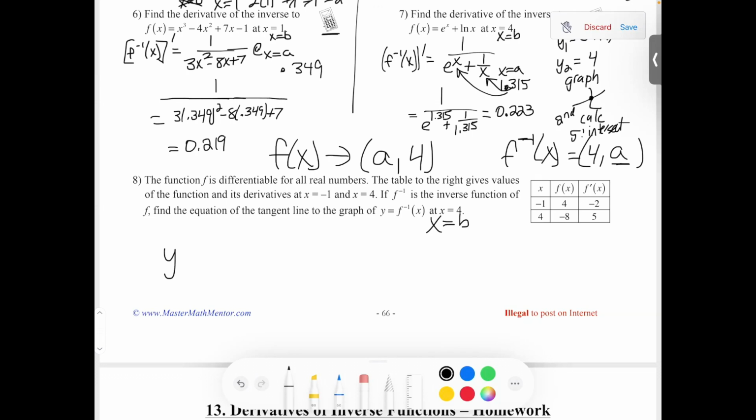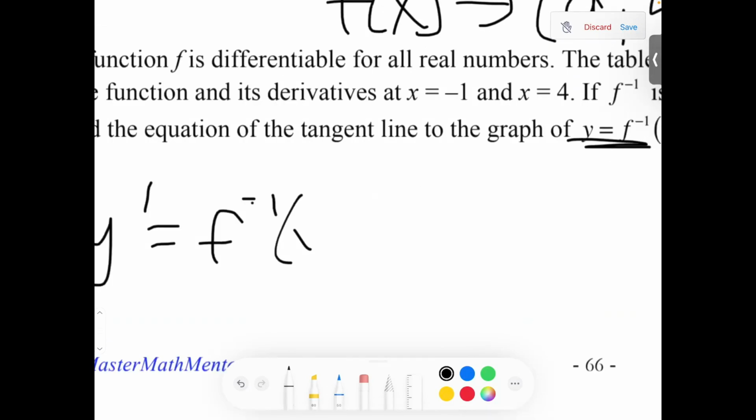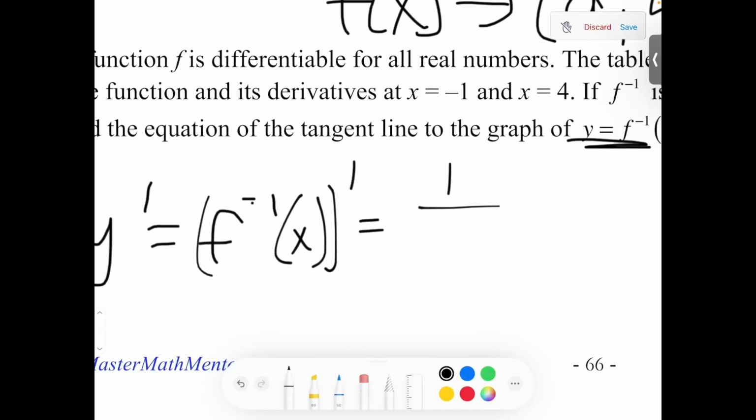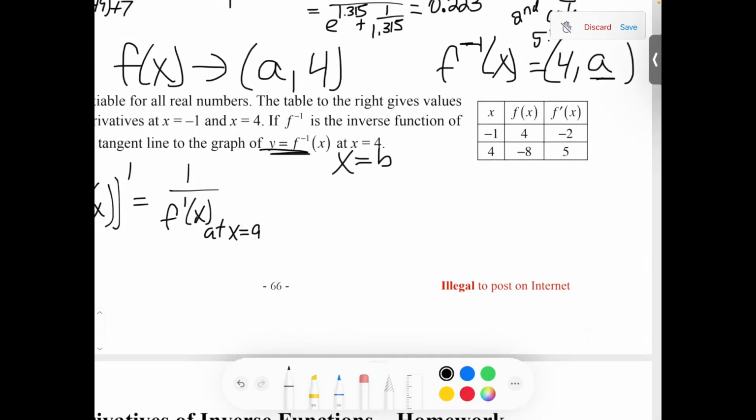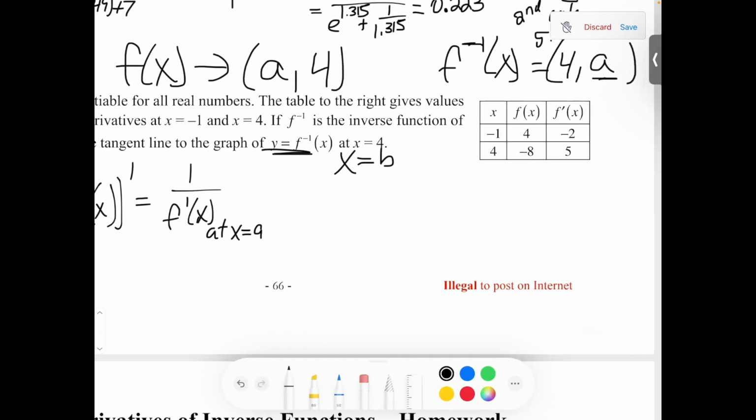So if y is the inverse, then y prime would be equal to f inverse of x prime, which would equal 1 over f prime of x at x equals a. But we don't know what x equals a is. We don't know what x equals b is. But if we look right here, it says the y value is 4. What is the x value for that point?